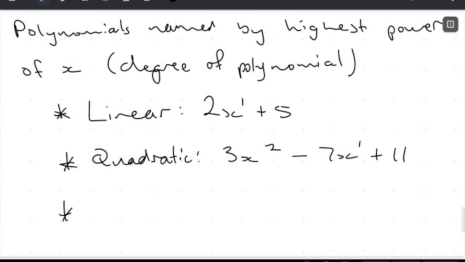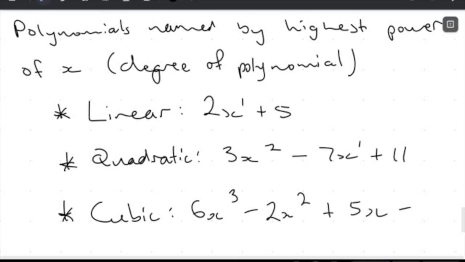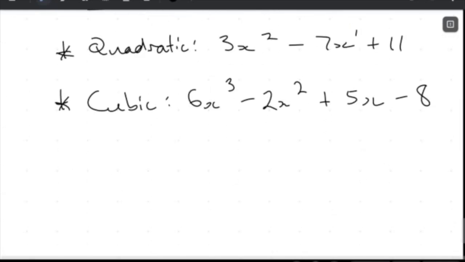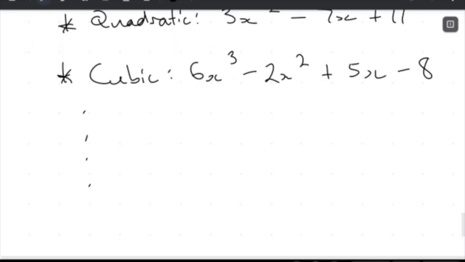Couple more, we've talked about cubics before. Something cubed, let's say 6x cubed minus 2x squared plus 5x minus 8. We've talked about cubics before, and these go higher and higher, all the way down to, let's just do another one later on, a polynomial of degree 9.